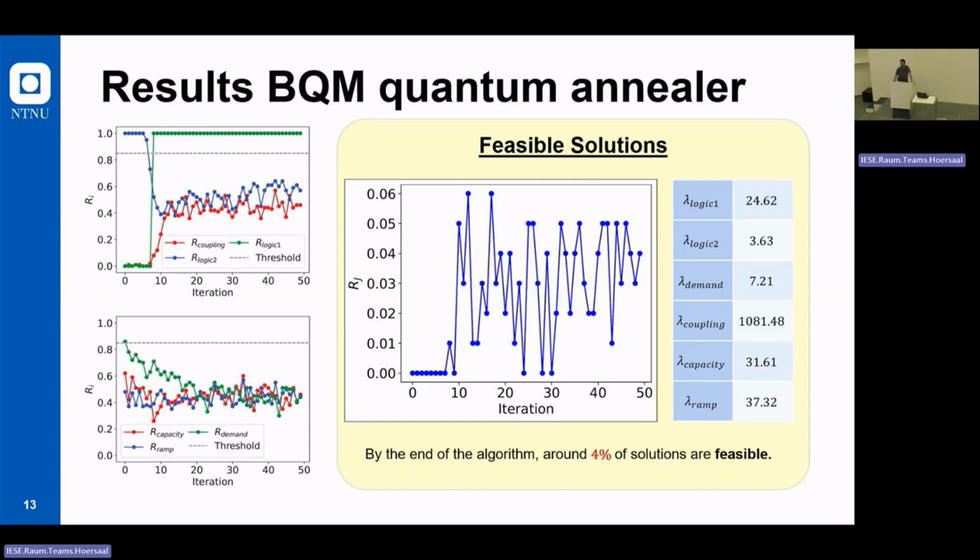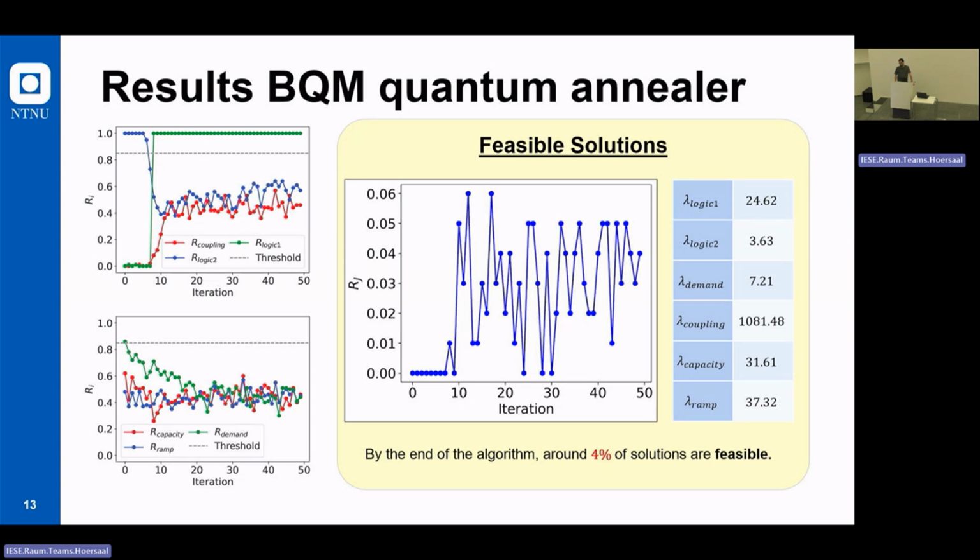And on the top left, you can see the constraints mostly involving the binary variables of the problem. And on the lower left, you can see those that involve not the continuous, but the binary encoded variables.